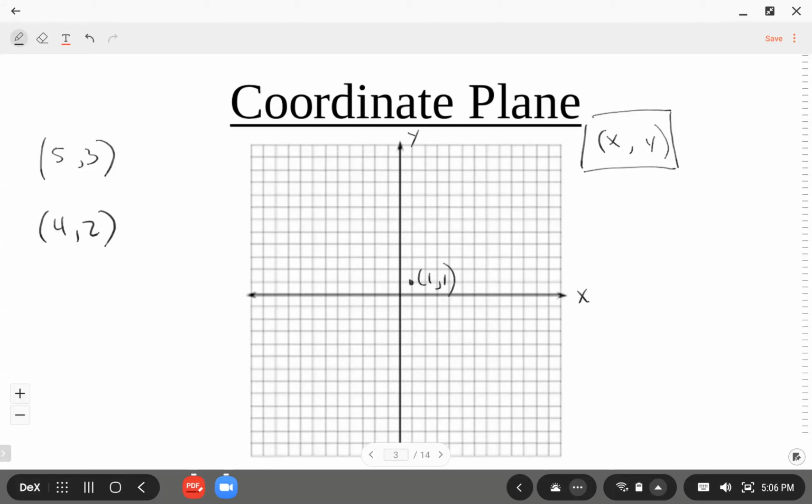And then let's say we have (6, 1) over here, and (1, 6) over here. Remember, x is first. Yes, this is (1, 5). Now that we have two points, try to find the distance between them.